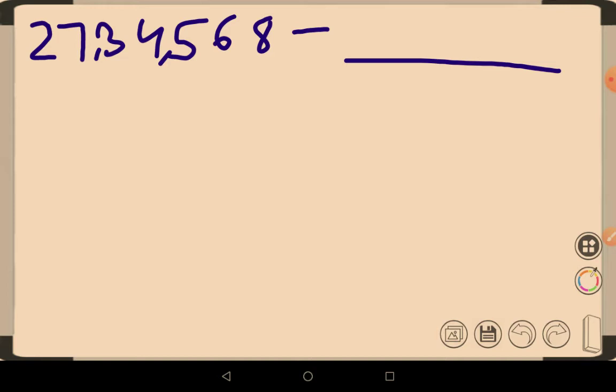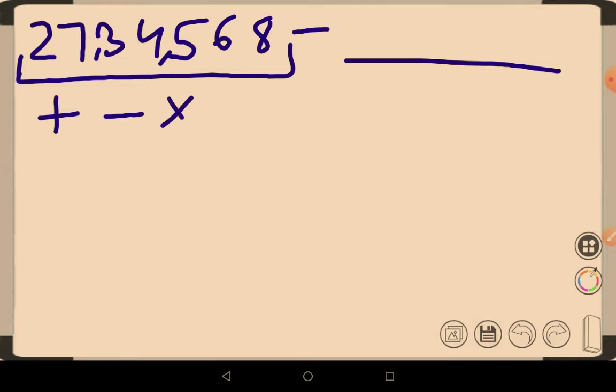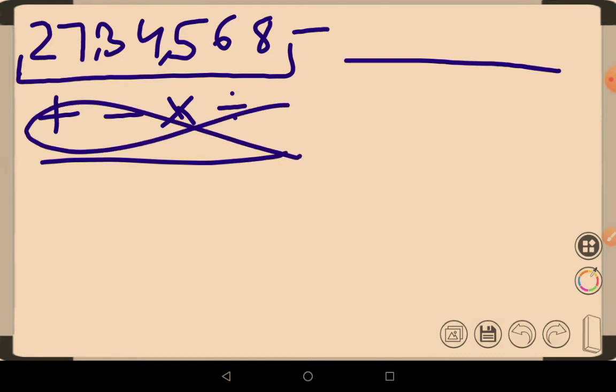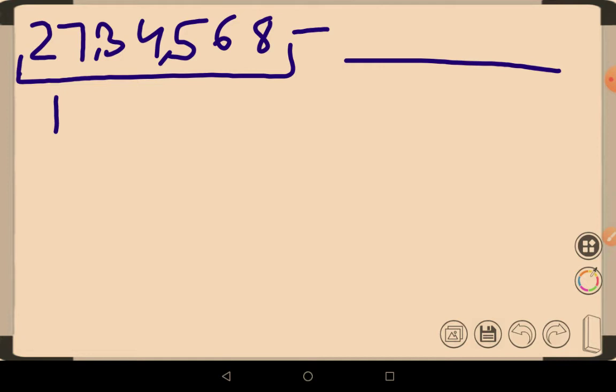It does not mean multiply, divide, add or subtract. Everybody may have doubt whether we do addition, minus, plus, multiplication or division. No, children, that will be wrong. So what is the correct method then?